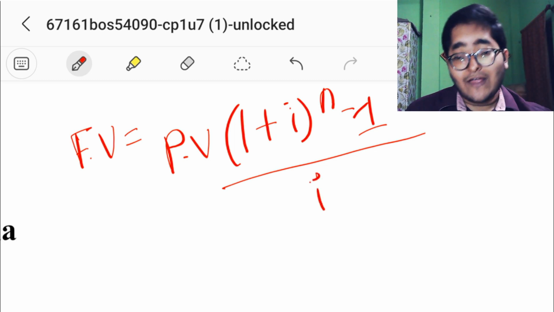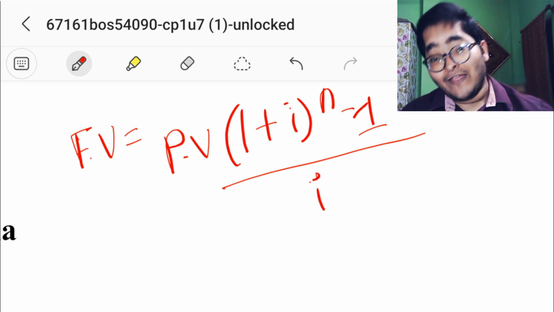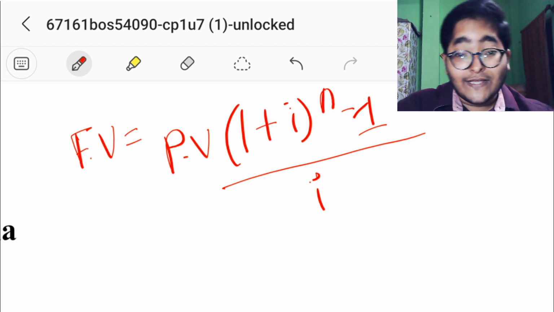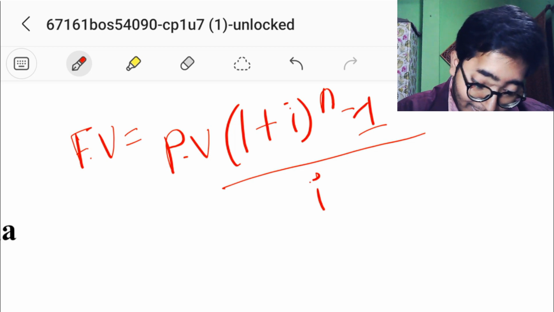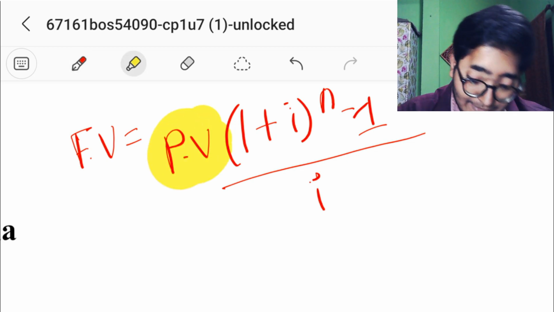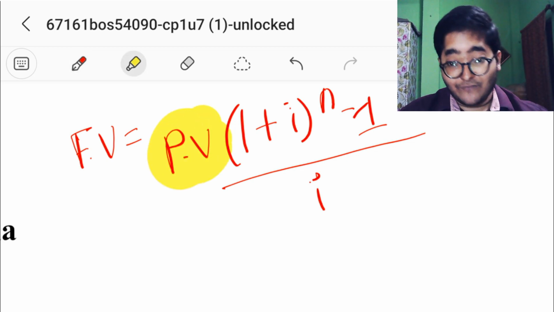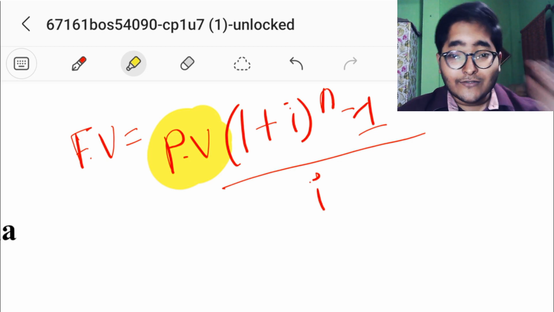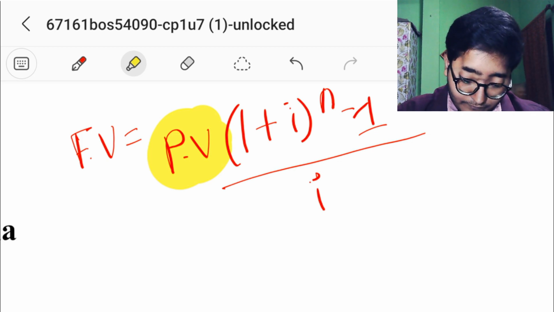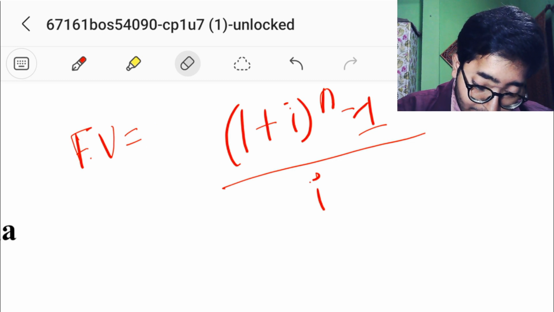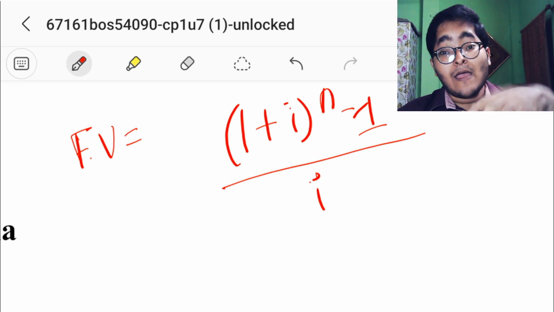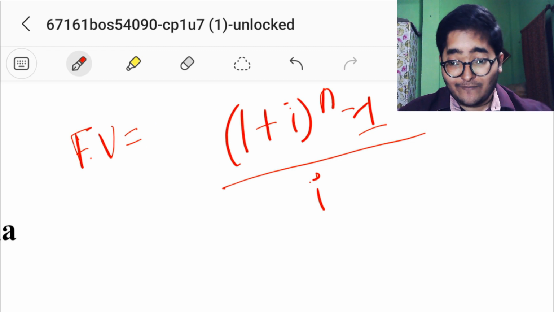This is the future value. I hope I'm going right. Yes. What is the present value of the asset? We need to calculate the present value. This needs to be calculated. Sorry, this would not be the present value, but what is the future value or what is the present value of an asset?